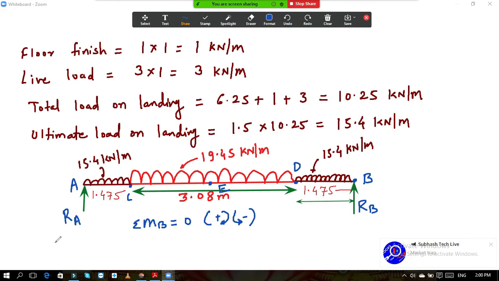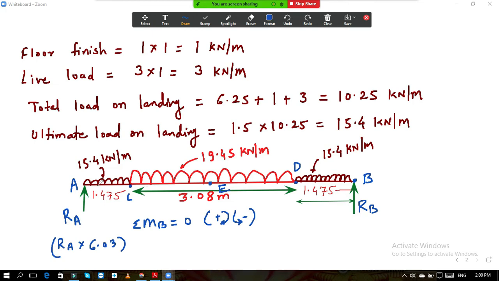So it will be RA into 6.03. Now is this plus or minus? See, RA is moving upward, and point B is held on the right hand side, so it will rotate in clockwise direction. So it is plus.